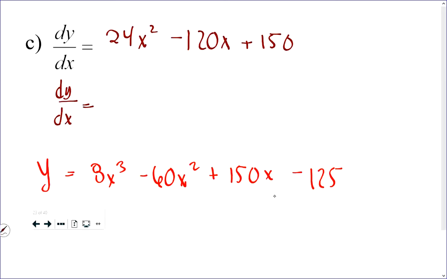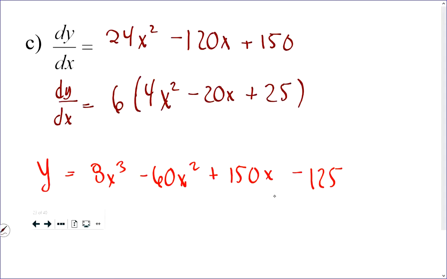Take out a 6 and have 4x squared minus 20x plus 25. Six times 25 is 150. 6 times 20 is 120. 6 times 4 is 24. So it's 4x squared minus 20x plus 25.